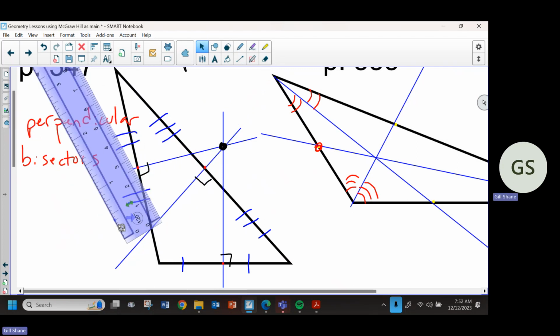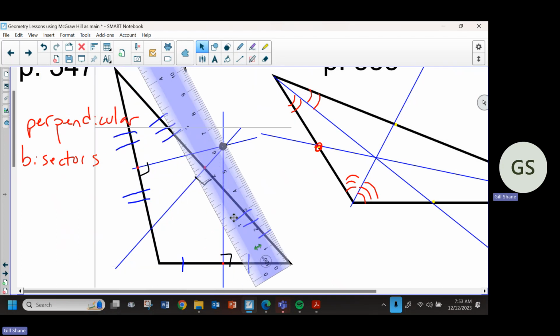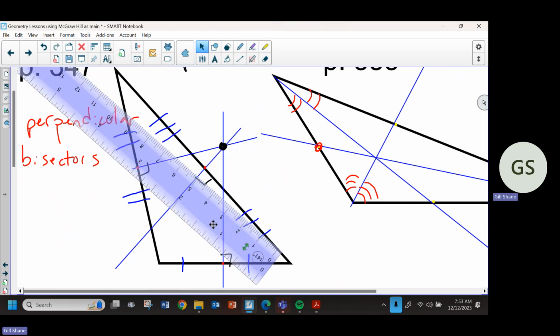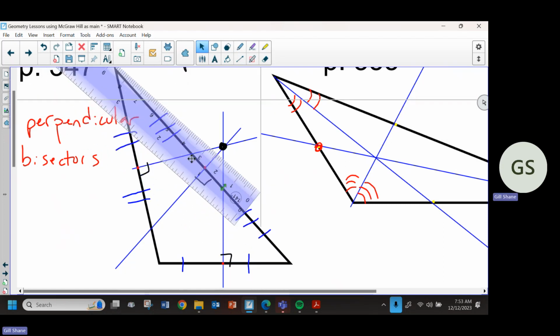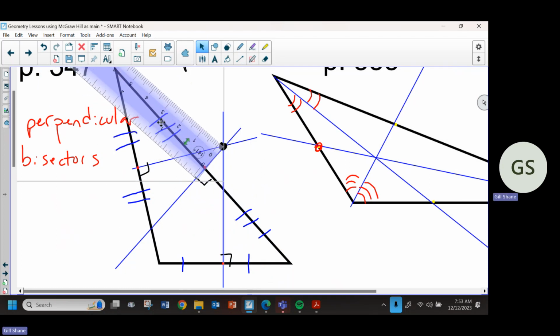Now that should be about 0 to 6. Oh yeah, that one's pretty much dead on 0 to 6, right? This one is gonna almost go off the screen. But again, 0 to 6, you can't see 6, it's right there, right on the vertex.